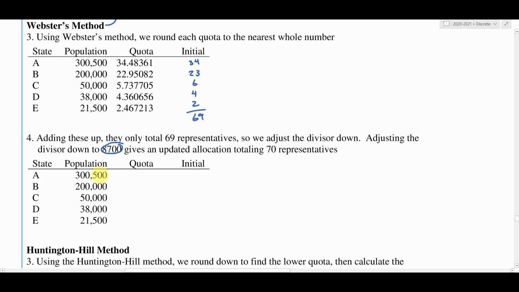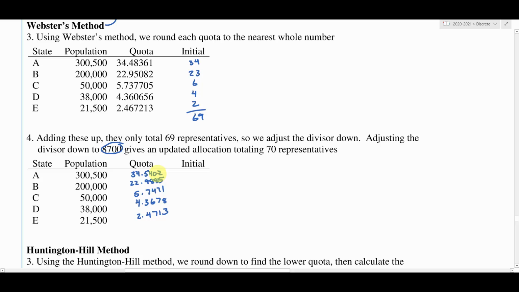I'm taking my individual populations and dividing by my modified divisor of 8,700. Now I've got my quotas here. You'll notice that they are slightly different from the quotas we had before due to our modified divisor, but now we're going to do Webster's method again, rounding based on 0.5 with our new quotas.